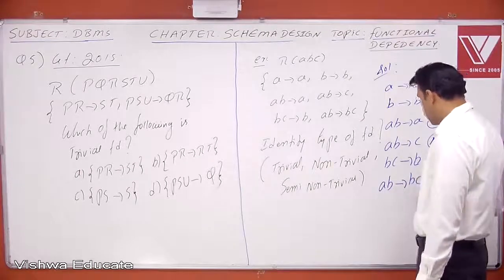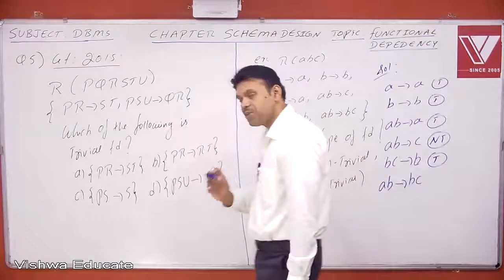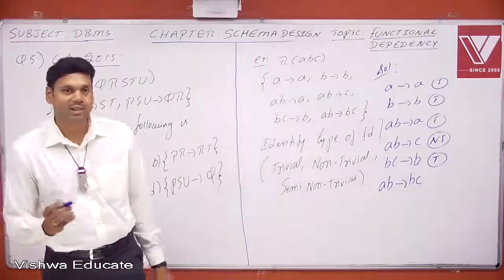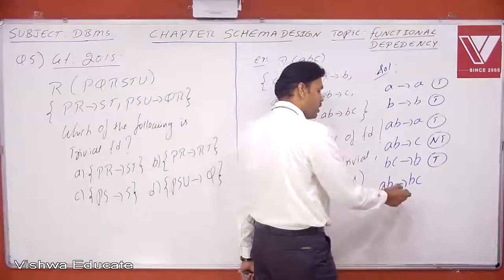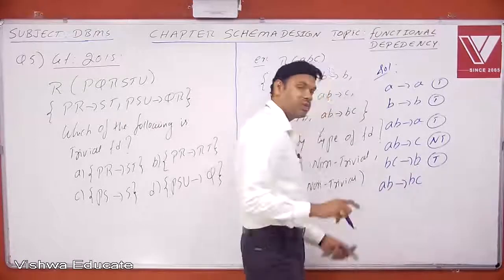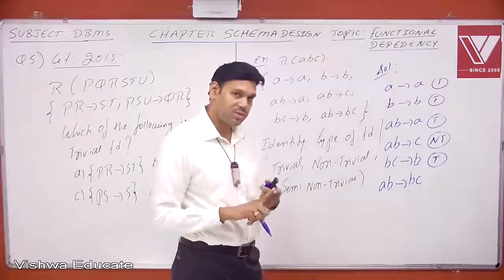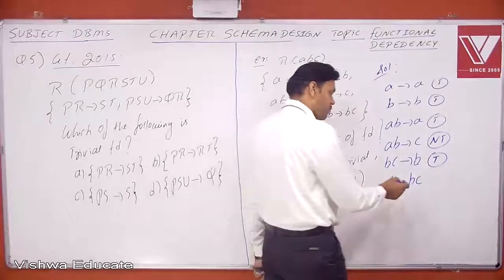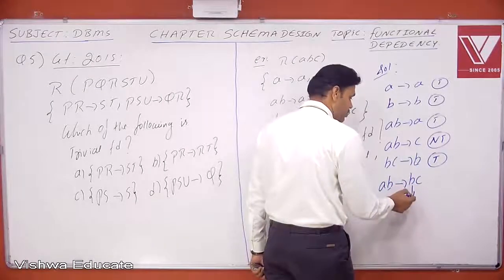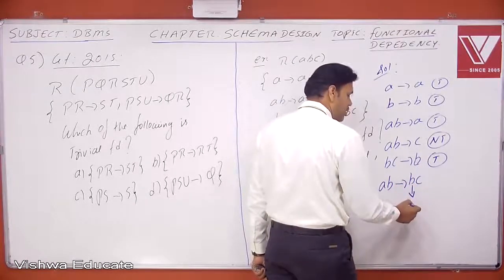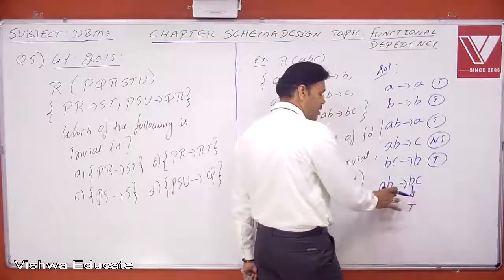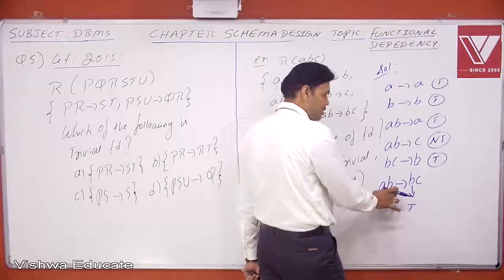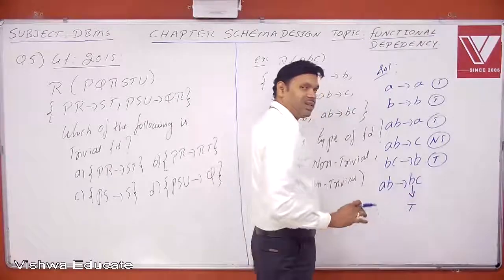See the next variety. AB determines BC. Now observe the right hand side carefully. AB is the left hand side, AB is the determinant, but on the right hand side we have two attributes. One is B: trivial or non-trivial? It's trivial because B is a part of LHS. What about C?